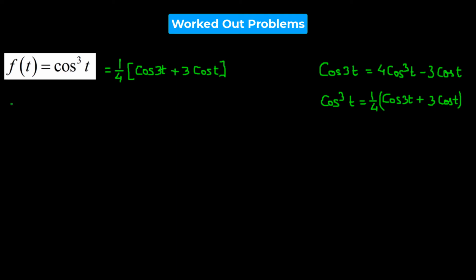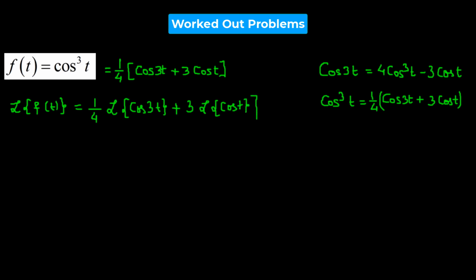Now let us find the Laplace transform of our function cosine cubed t. That will be equivalent to finding 1/4 of the Laplace transform of cos 3t plus 3 times the Laplace transform of cos t.